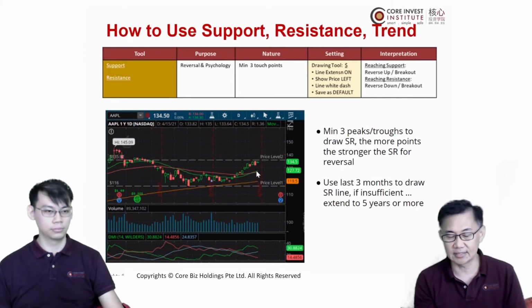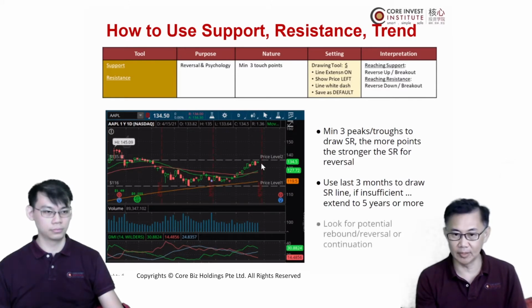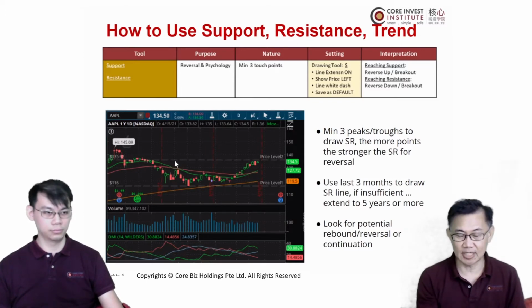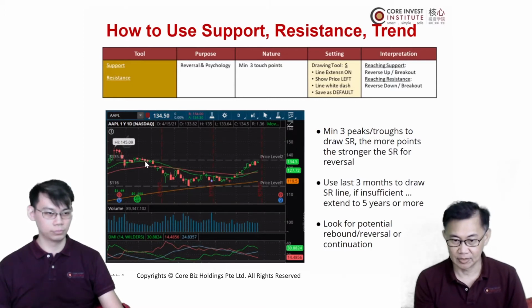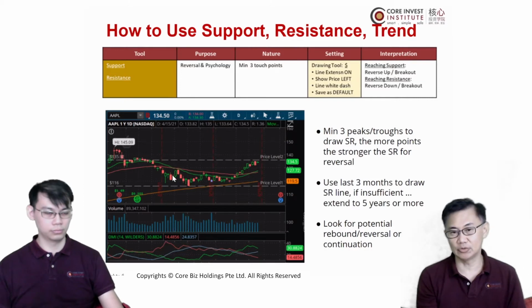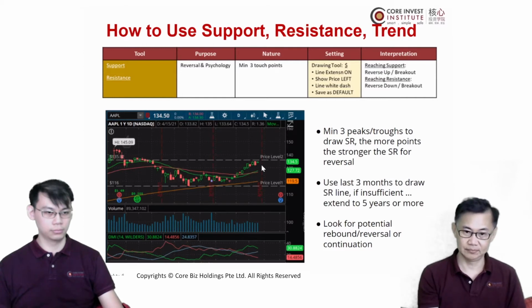Let us take a look at this stock called Apple at the moment. You will see that after we have drawn the support and resistance line, and you need a minimum of 3 touch points, being either a peak or a trough, at the price where it is now, it is approaching the resistance line. The question here is, we are trying to use support resistance to find out if there is going to be a breakout or a reversal.